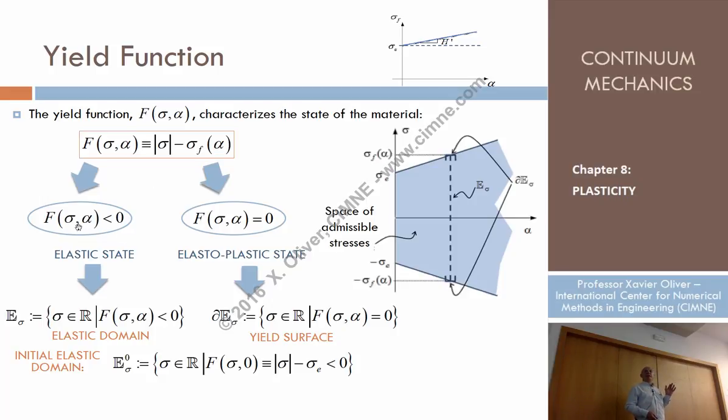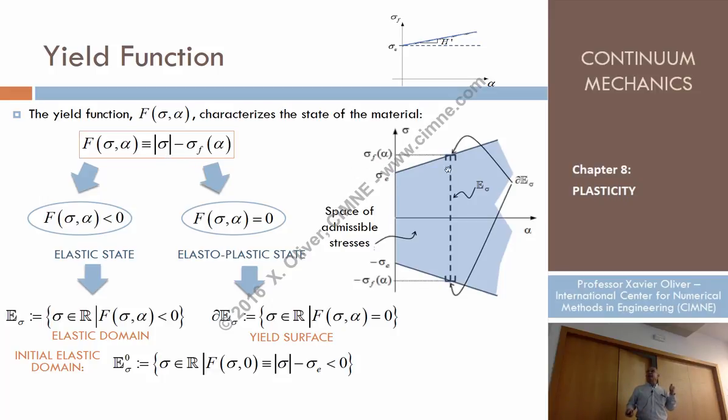And then we define the following. The yield stress, in any space, typically in a space sigma alpha, only the positive part of this space, because alpha is always greater than 0, we define that admissible points were those in which f of sigma alpha is smaller than 0, so the modulus of the stress is smaller than the yield function.